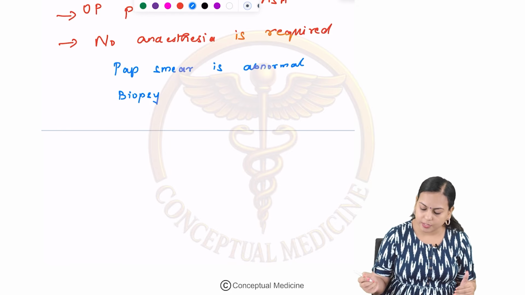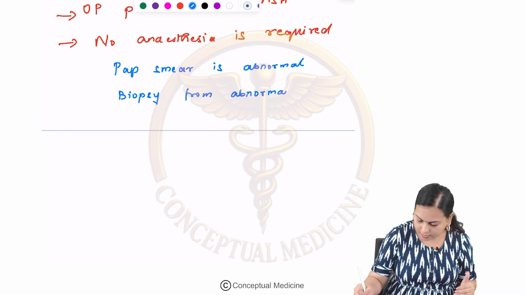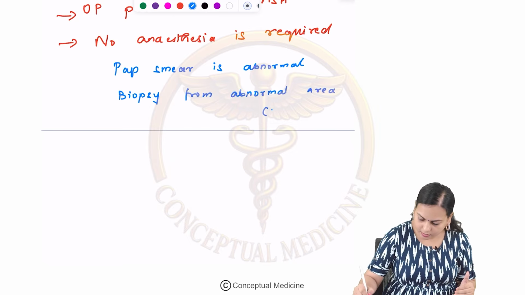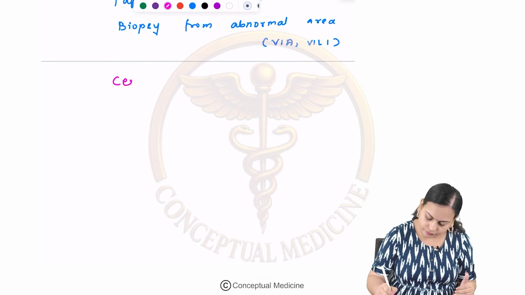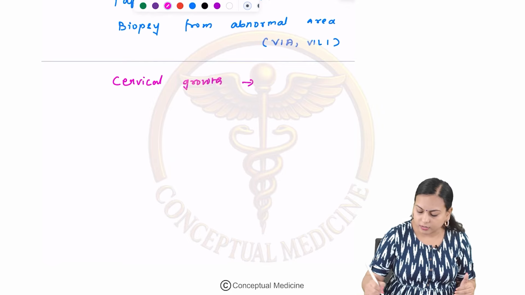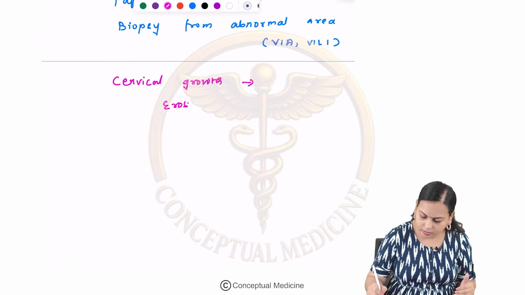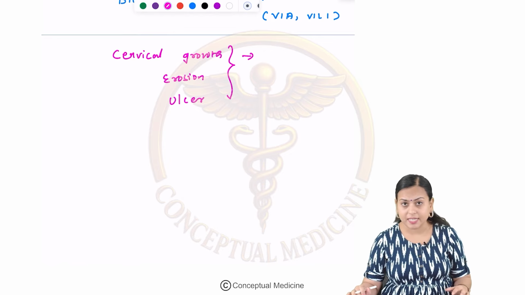The biopsy is taken from the abnormal area seen in VIA and VILI, when there is cervical growth, or there is an erosion or an ulcer. These will be the areas of abnormality, or when you suspect cervical malignancy.